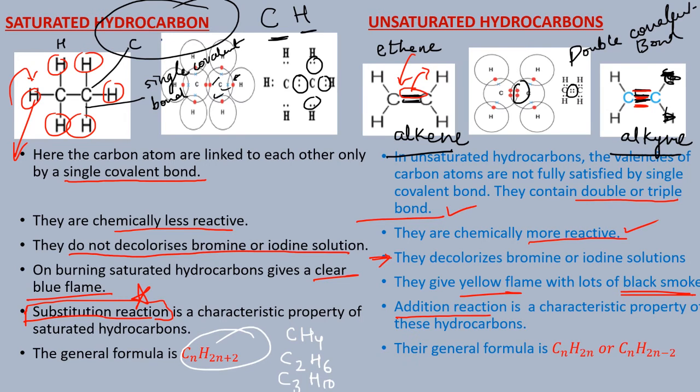And in case of unsaturated hydrocarbon, the general formulas are, in case of alkene, CnH2n, further reducing the number of hydrogen atoms, CnH2n-2 will give us alkyne. That is the general formula for alkyne, and n is the number of carbon atoms. So that was all about saturated and unsaturated hydrocarbon.